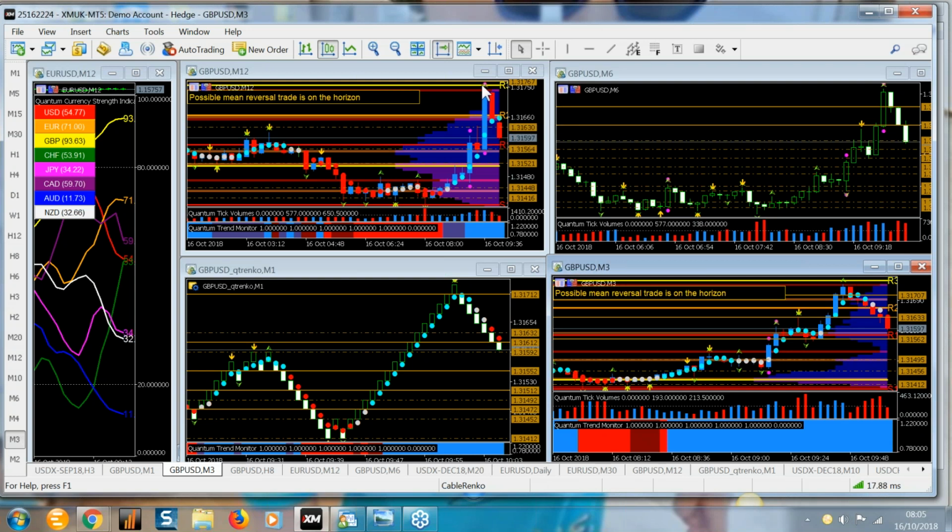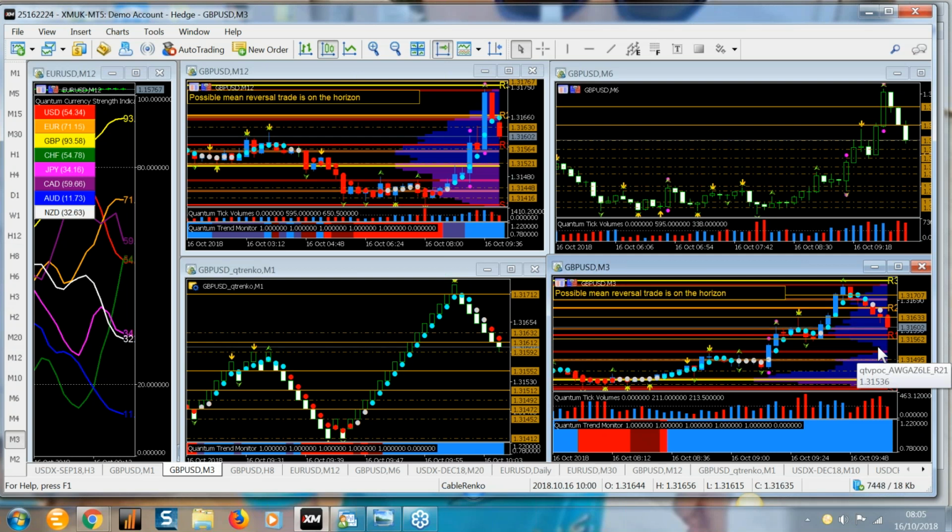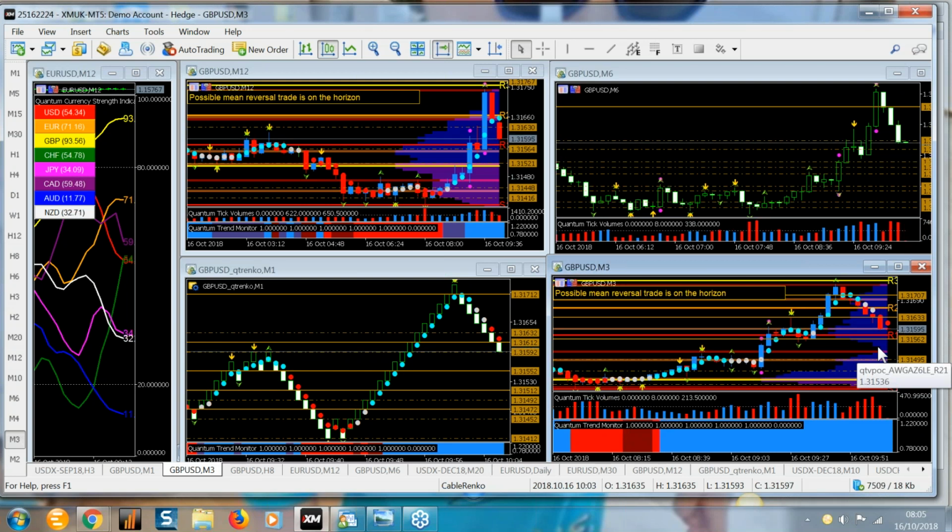When you look at a 12-minute, you've got the candle there, you've got that one there. You know that's a big wick on a slower time frame, and that's what we're doing all the time. We are trading that reaction in a faster time frame, being aware of what's going on in a slower time frame, and looking for the reaction in the faster time frame.